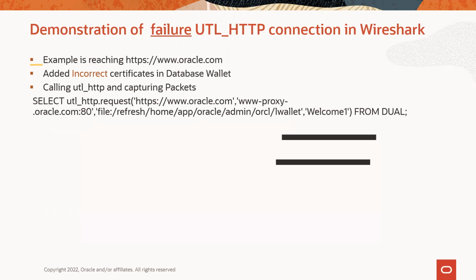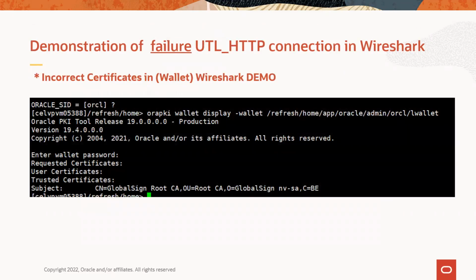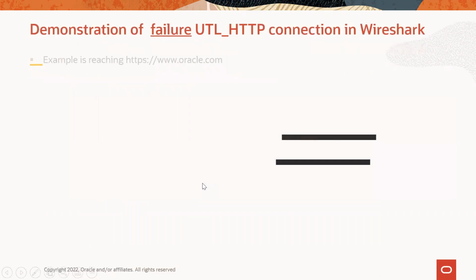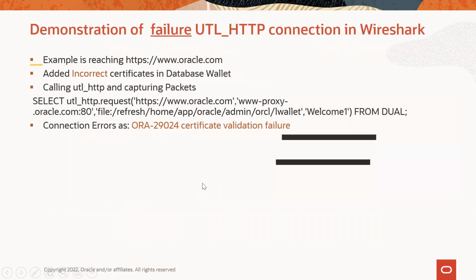In the previous slide, you can see I have a certificate called Global Sign Root CA in my wallet, and I try calling that destination URL. When I call it, I have an incorrect certificate.